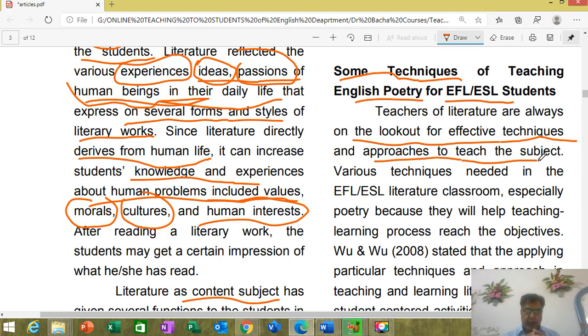In some methods, the mother tongue is used, and in some, the use of the mother tongue is banished completely from the classroom. While this eclectic approach is a combination of all.